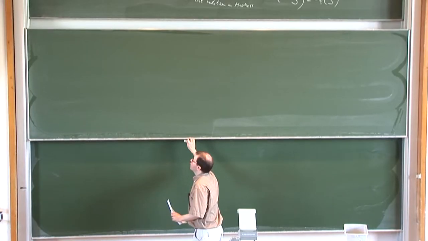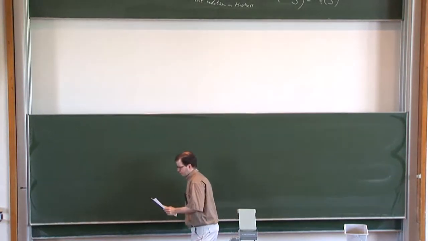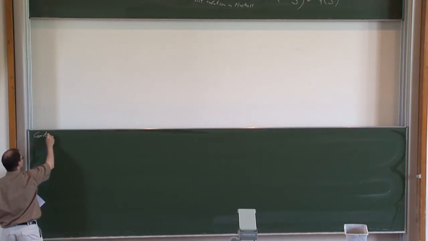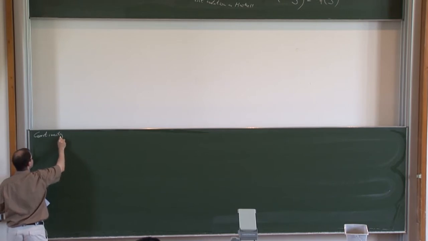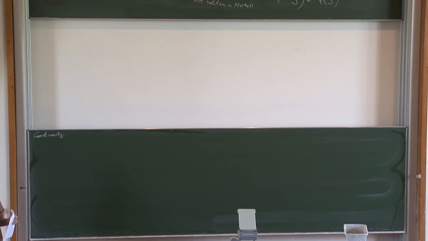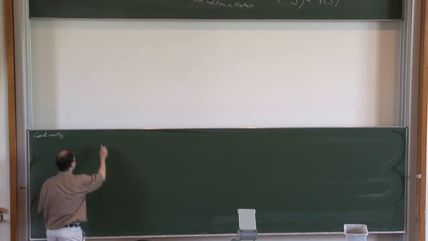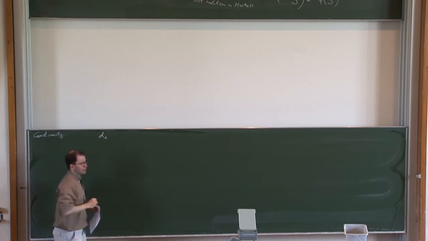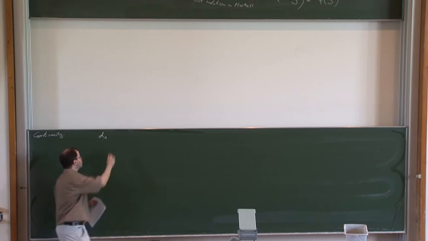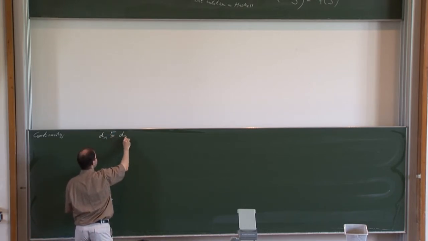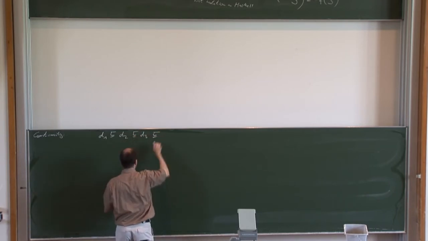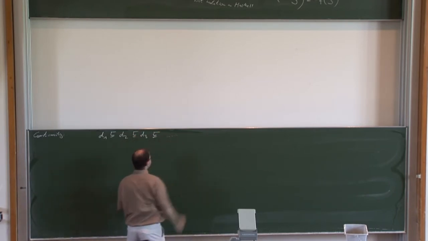Okay, so let me try to illustrate this with a diagram. Continuous means if you have a chain. Now let's write down a chain. A chain is simply a set of elements, D1, D2, D3, and so on, which are increasing. So D1 is less than or equal to D2, D2 is less than or equal to D3, and so on. So they get bigger and bigger.